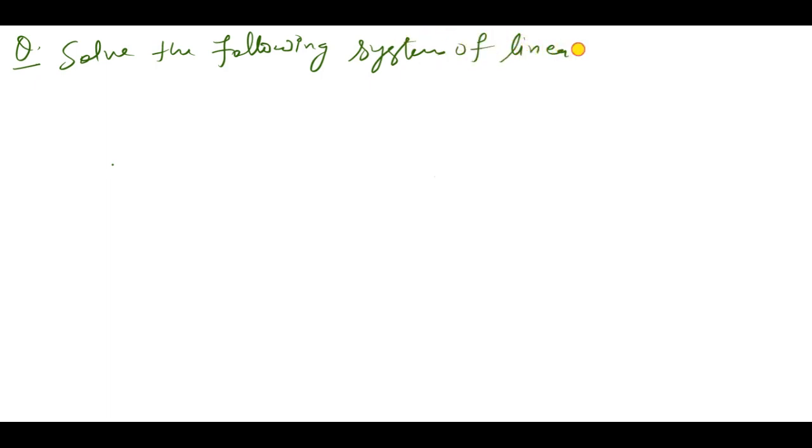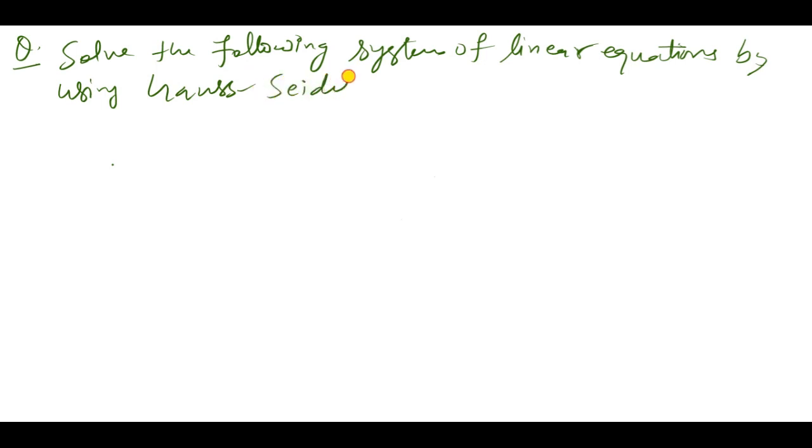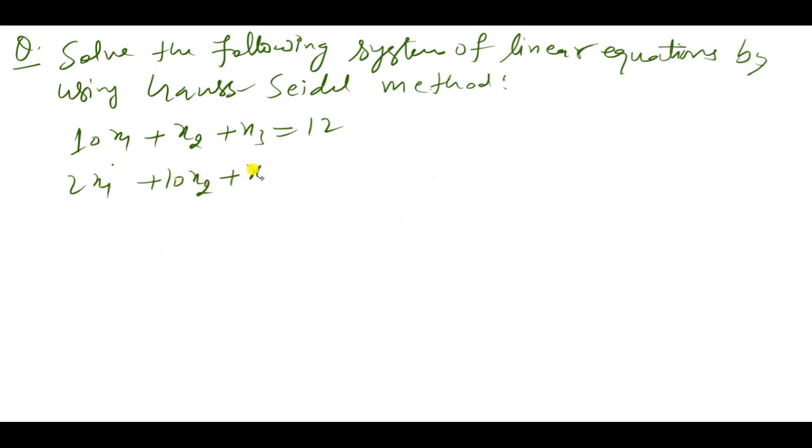So, the question is: solve the following system of linear equations by using the Gauss-Seidel method. 10x1 + x2 + x3 = 12, 2x1 + 10x2 + x3 = 13, 2x1 + 2x2 + 10x3 = 14.